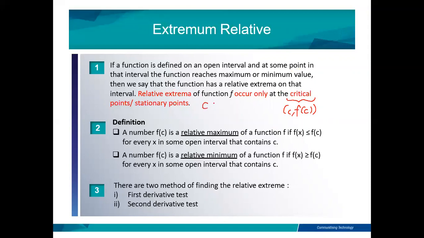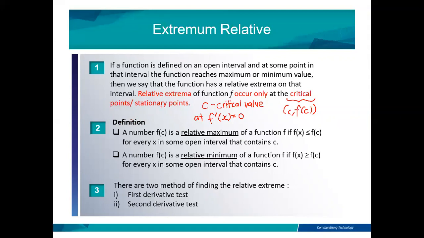What is c? c is the critical value, and a critical point occurs only where f prime x is equal to 0.